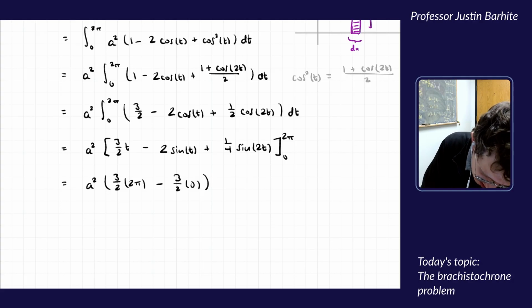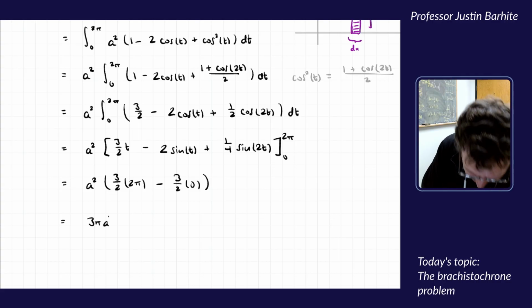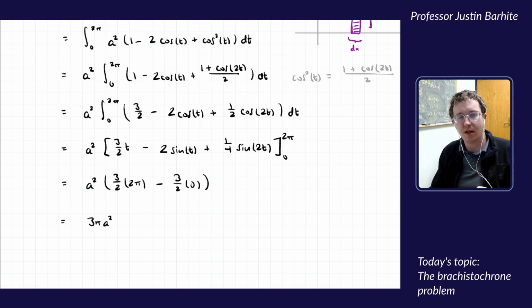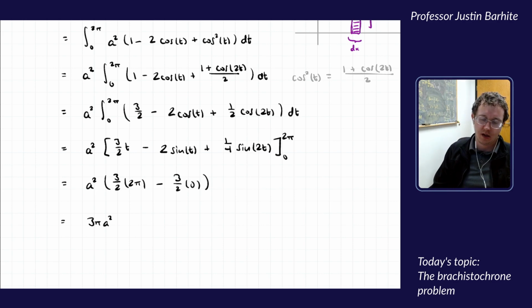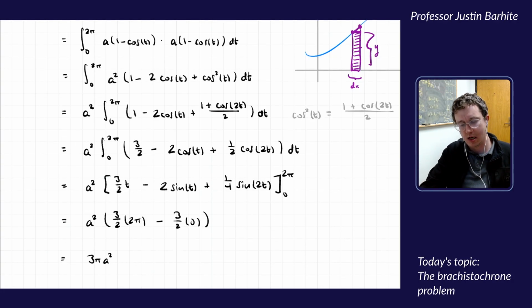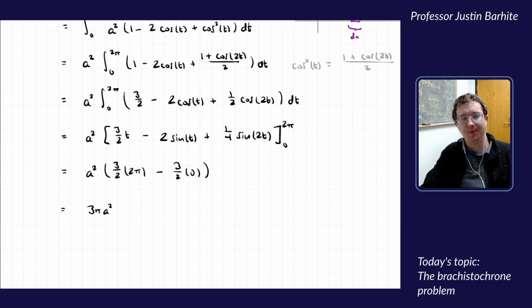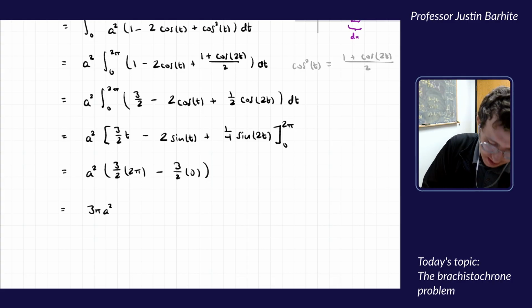This comes out to just a squared times 3 pi. So 3 pi a squared is the formula for the area underneath one arch of this, not catenary, cycloid. There we go. Alright.